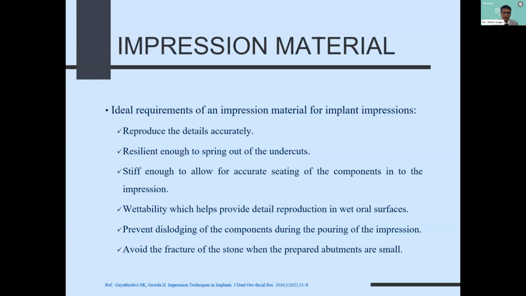Wettability, again, very important. Prevent dislodging of components, so it should be rigid enough, and avoiding fracture of the stone when prepared abutments are small. Now, this is very important also, because if the material is too rigid, when the plaster cast is trying to be pulled out, a lot of times the adjacent teeth will chip or break, and then you will have a master cast which does not have the full details.